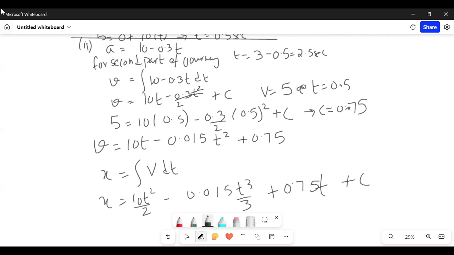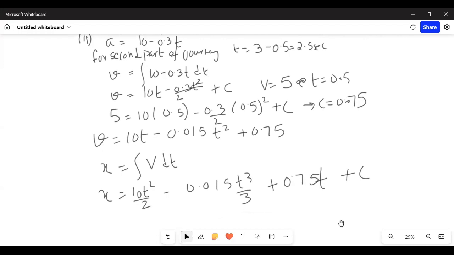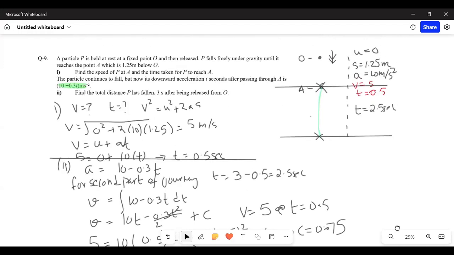Okay, now we need a corresponding value of t and x so that we can find c. So again at t 0.5, जो displacement थी वो थी 1.25 from first part of the journey.